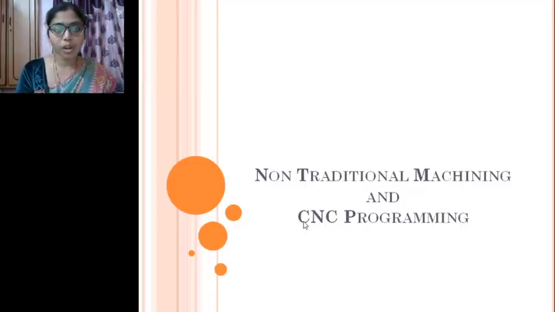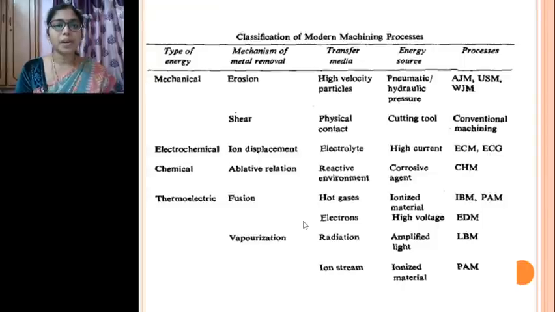As we also have discussed, there are different energies which we use. For example, the main difference is that the tool will be harder when compared to the workpiece in conventional machining, whereas in unconventional machining the tool will be softer when compared to the workpiece.